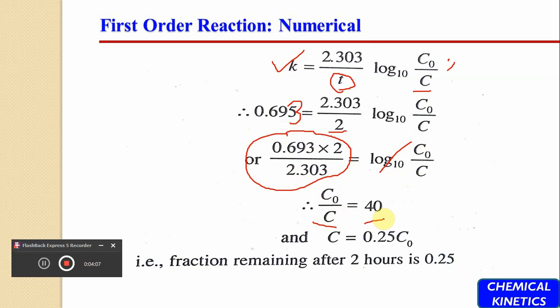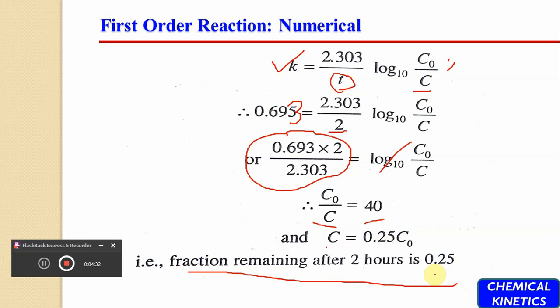If it is in 100, we can write it in percentage, but in the case of a fraction, C0 can be considered as 1, and definitely C0 upon C will be 4. So either it is 25% or it is 0.25. So the fraction remaining after 2 hours will be 0.25.